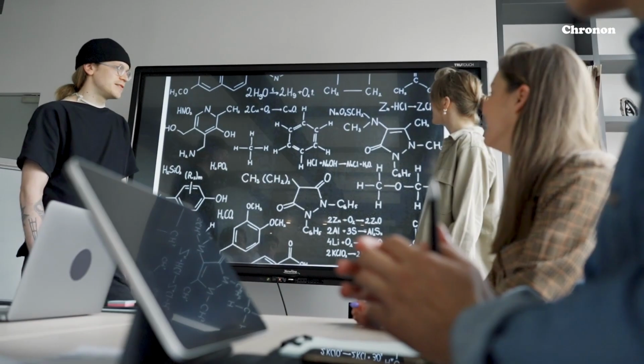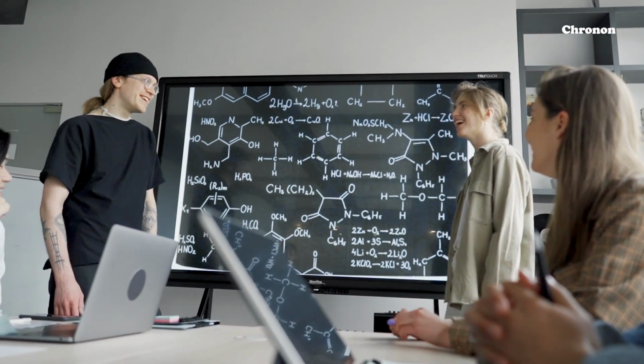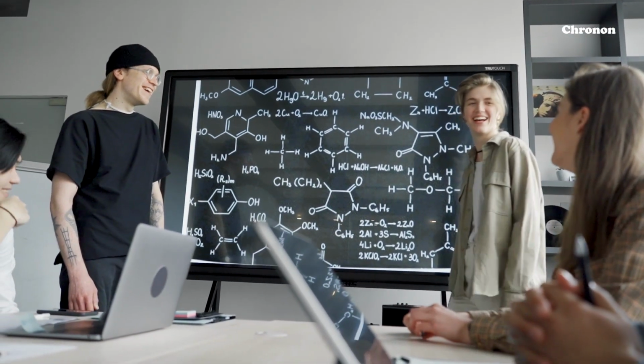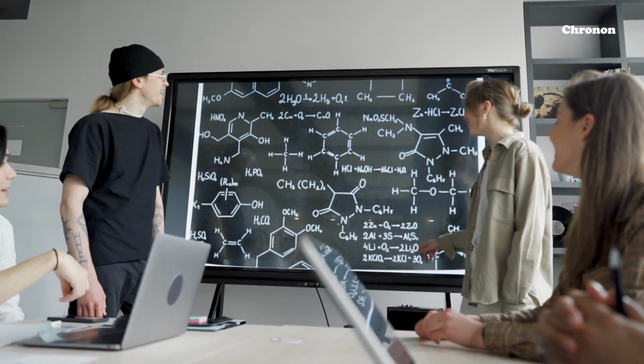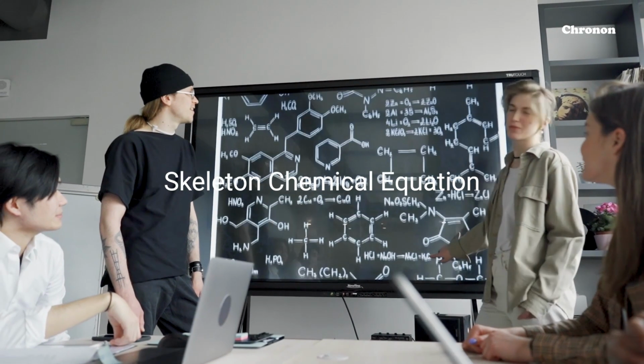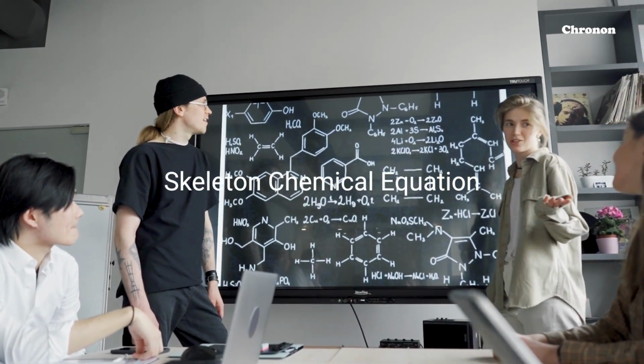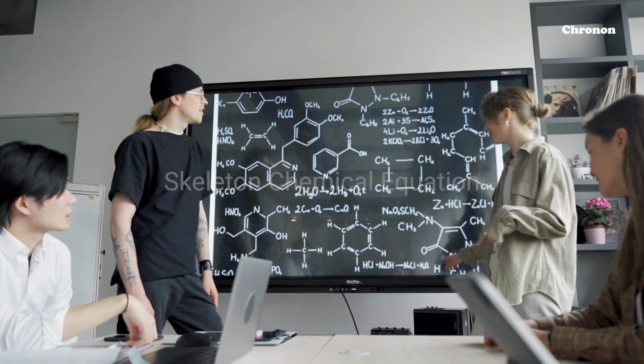Every chemical equation can be divided into two categories, skeleton chemical equation and balanced chemical equation. A skeleton chemical equation is a chemical equation in which the number of elements is not necessarily equal on both sides of the equation.